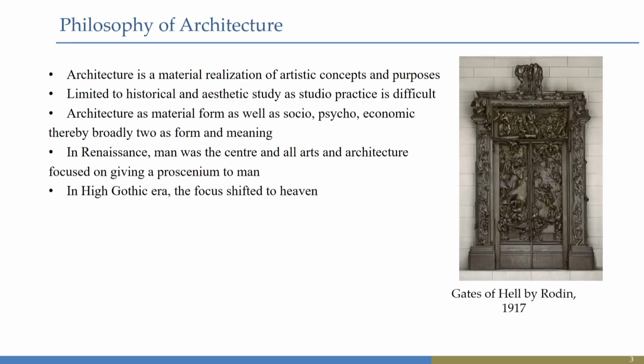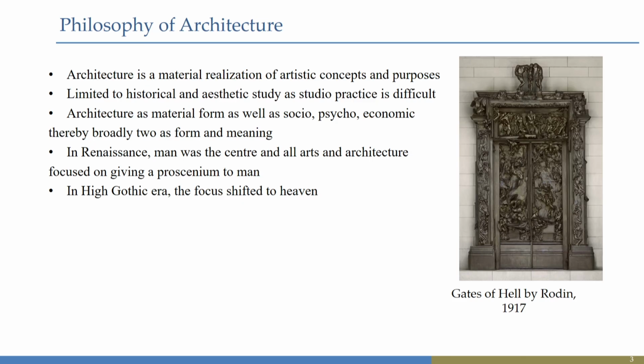But in the case of architecture, we can't really have studio work, because we cannot build structures in a studio which are to scale. We can only make prototypes and designs. So, that is why studio practice is difficult in the case of architecture, and therefore, when we study architecture, we limit our study to aesthetic study and historical study.